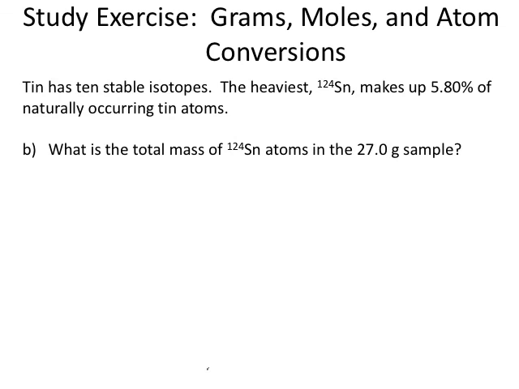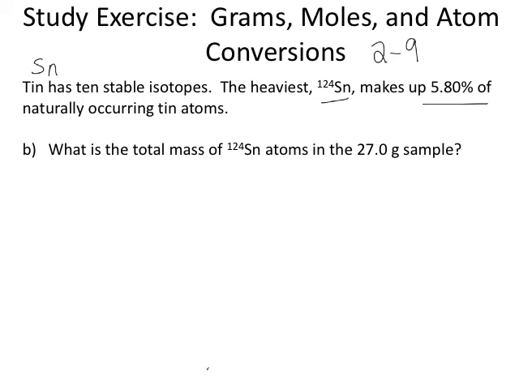Continuing on with the last problem of the Chapter 2 recitation problems. So this is Chapter 2, problem number 9, part B of the 10 stable isotopes. We still are dealing with tin 124 at 5.8% of the naturally occurring tin atoms.